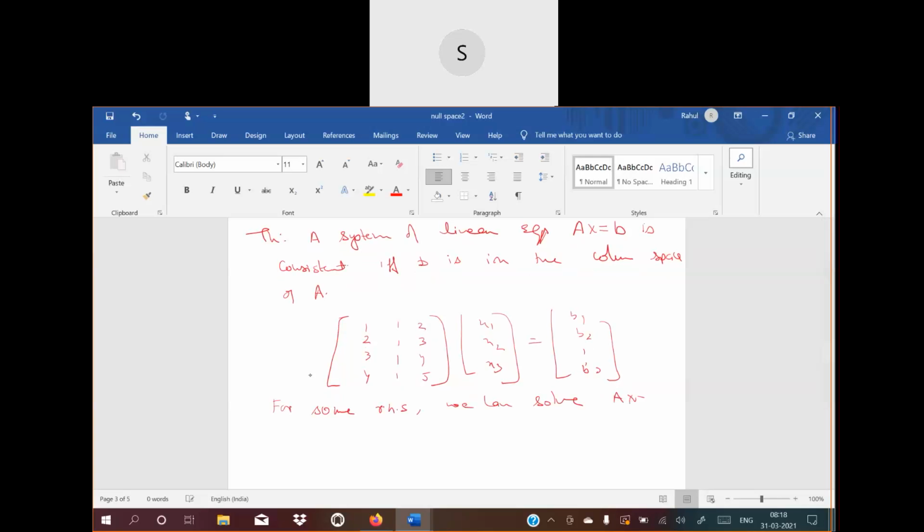Ax equal to b. So the question is which right hand sides allow us to solve it, which b's allow this system to be solved.